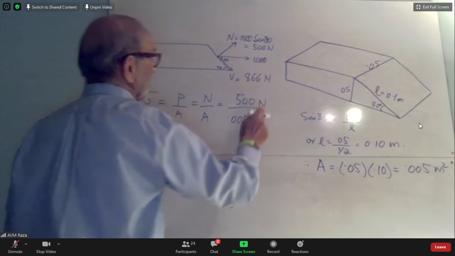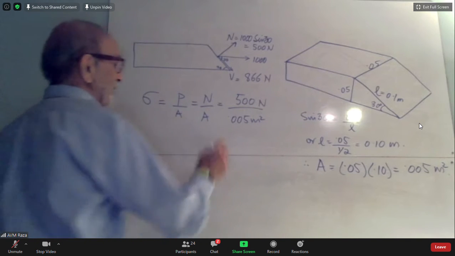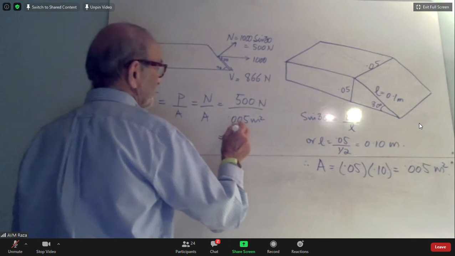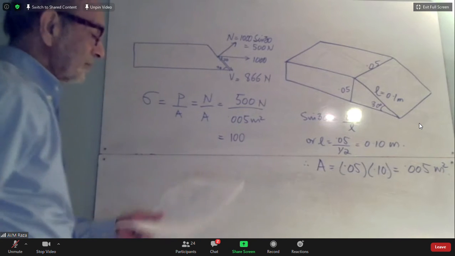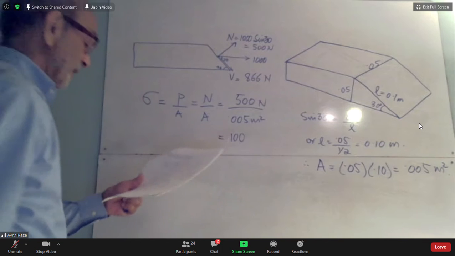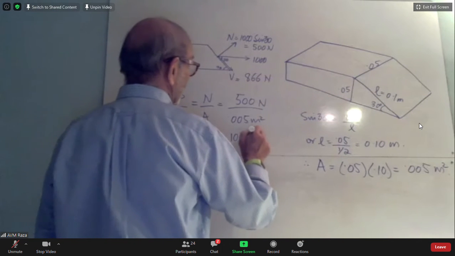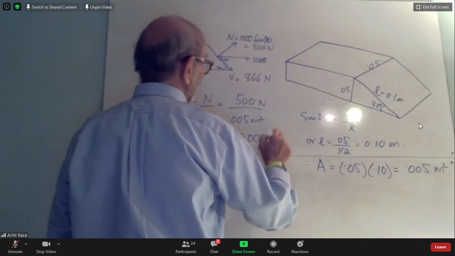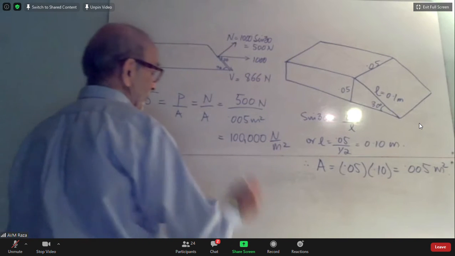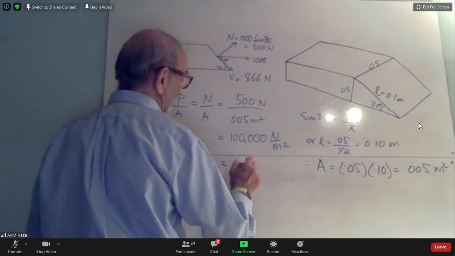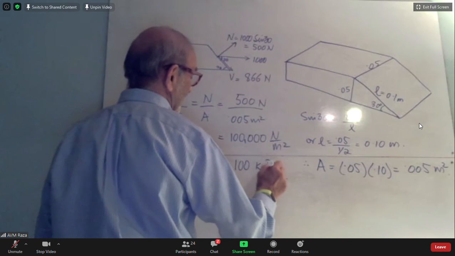So Newton per meter squared is Pascal, and this comes out to 100,000 Newton per meter squared, or you can also call it 100 kilopascal.